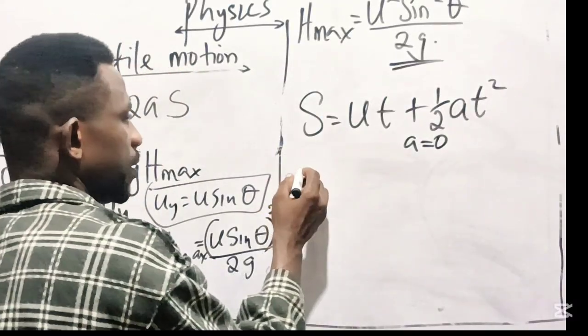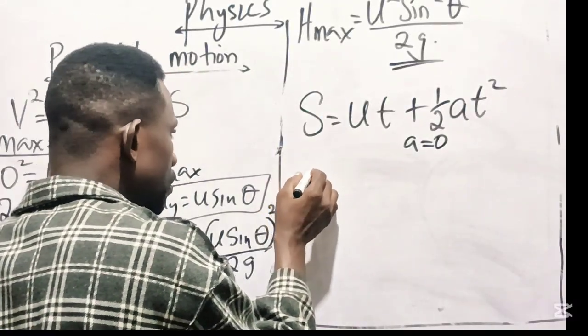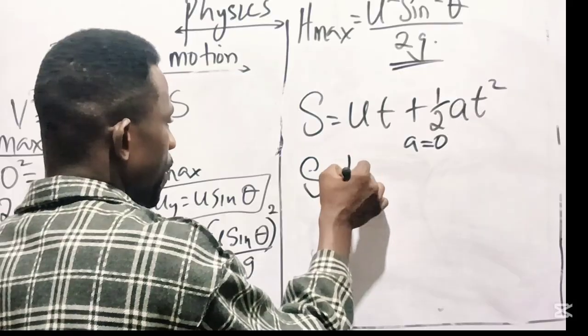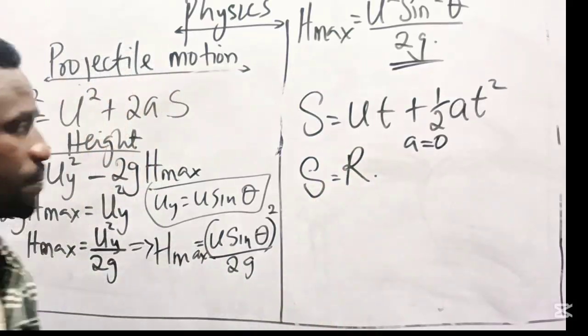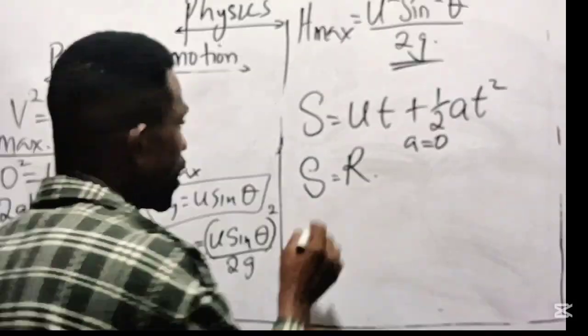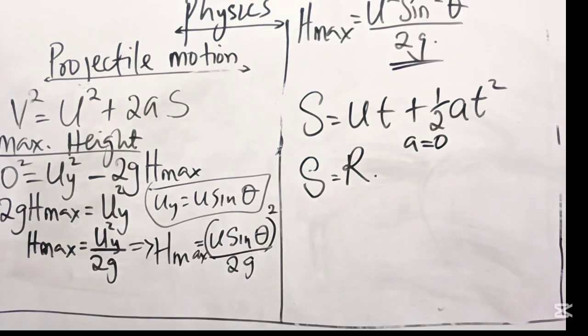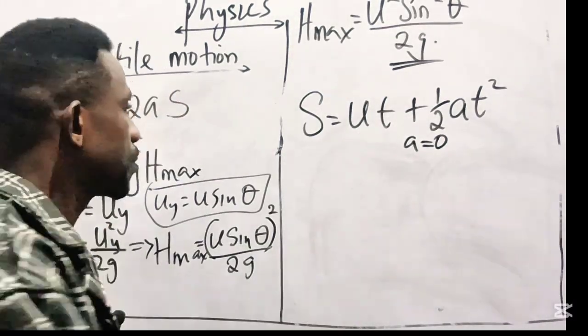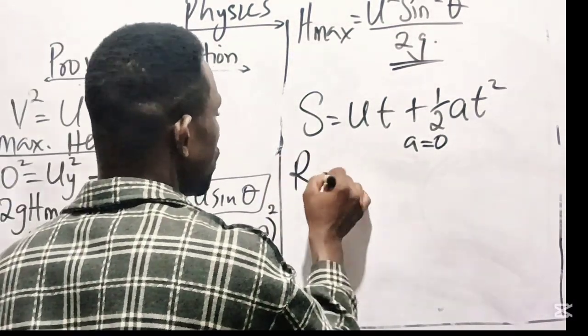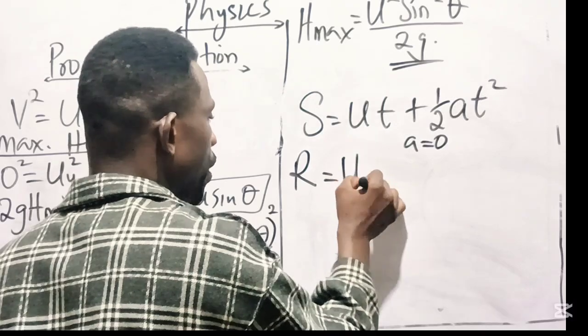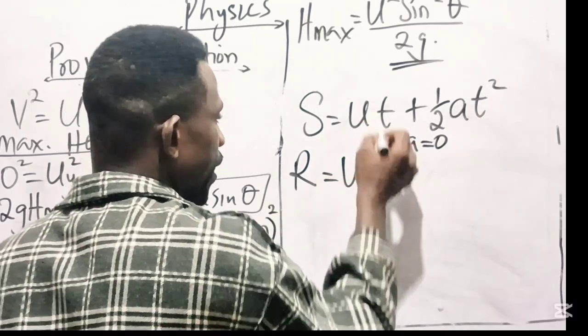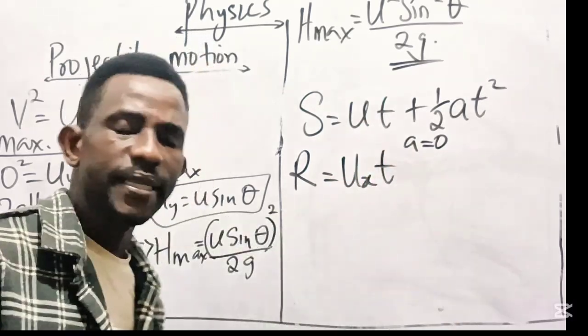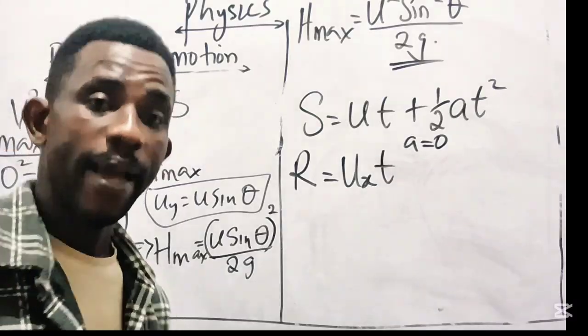Then coming down to this, we have that x becomes maximum range. X becomes range. So if x is range, then u becomes ux, then multiplied by t.